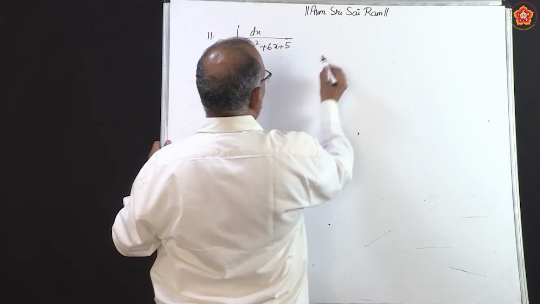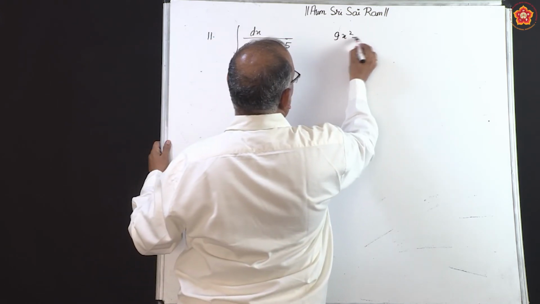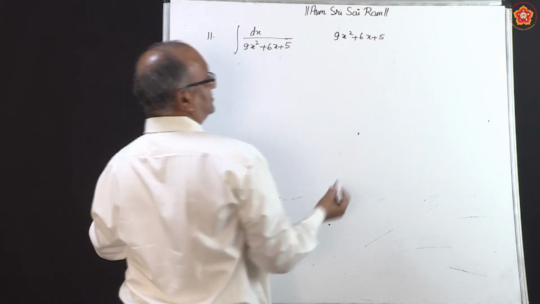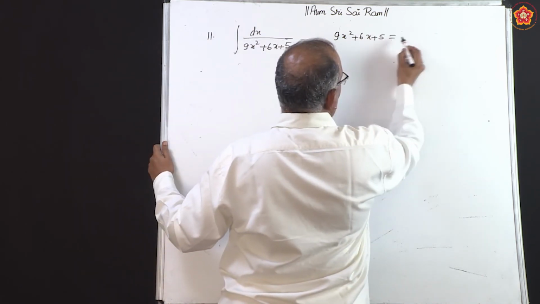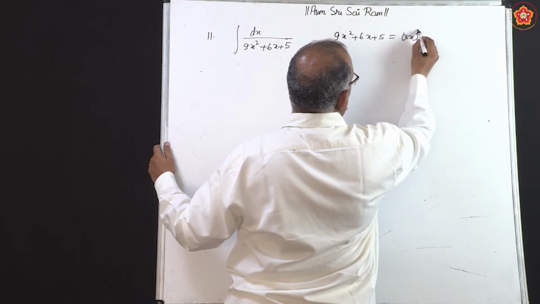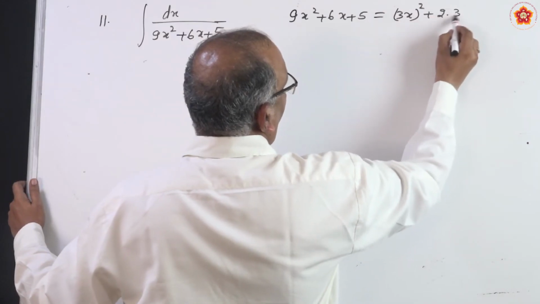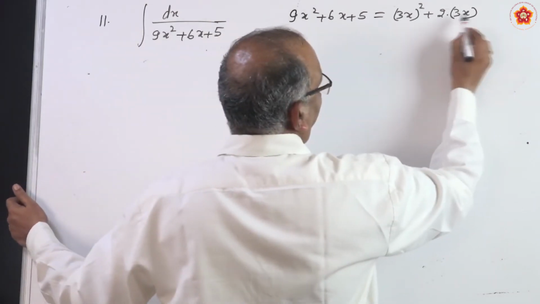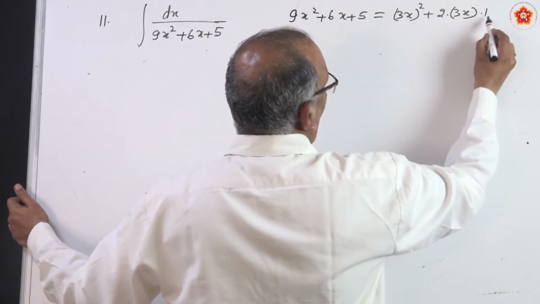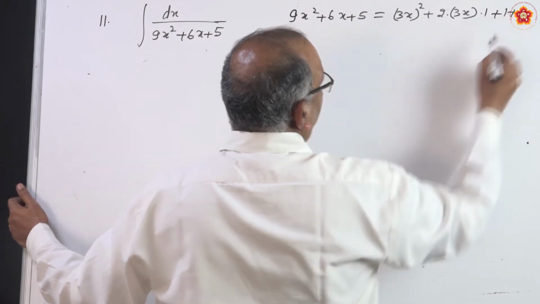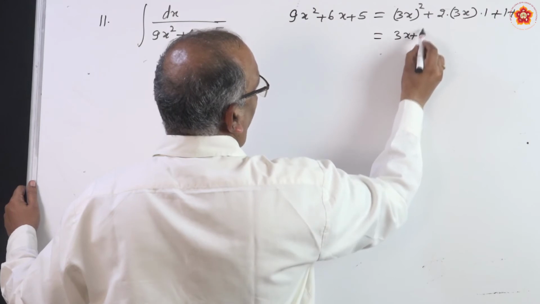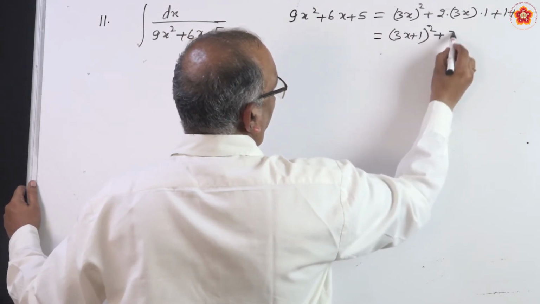Take it separately, 9x square plus 6x plus 5. Try to use the method of completion of squares. This can be written as 3x whole square plus 2 into 3x into 1, which is 6x, plus 1 plus 4. So, what happens? This becomes 3x plus 1 whole square plus 2 square.